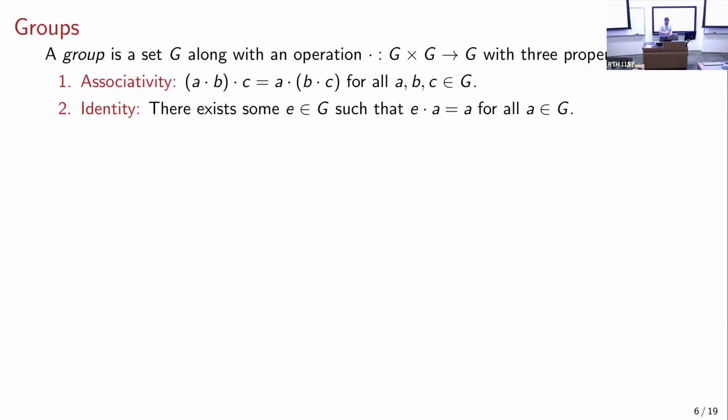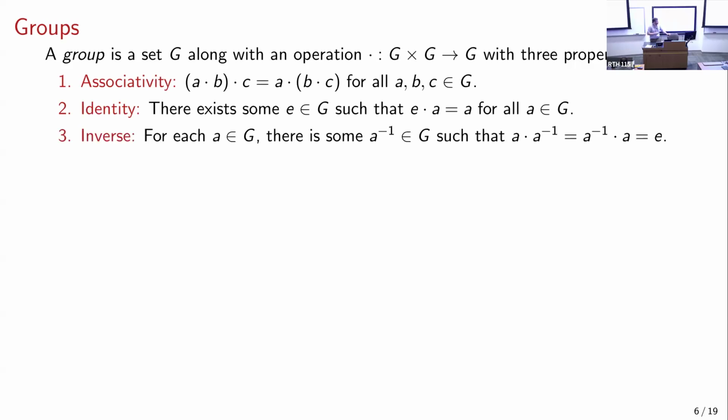For the space of rotation matrices we mentioned already, this is just the identity 3x3 matrix. Also the idea of inverse: for every element in the group, there's some other element that when we put them together, we get back that identity. If we have these properties, we have a group.